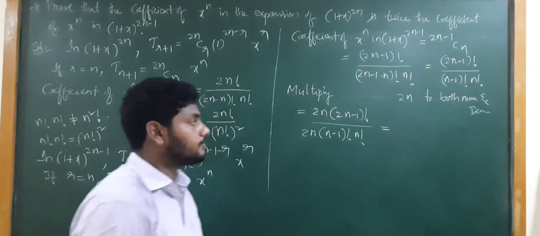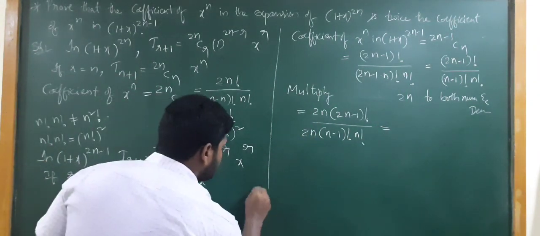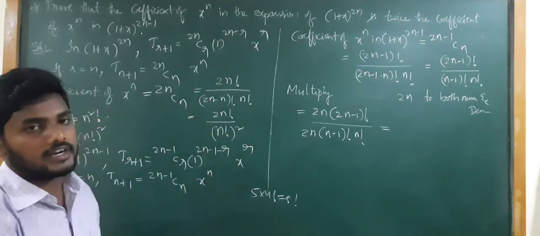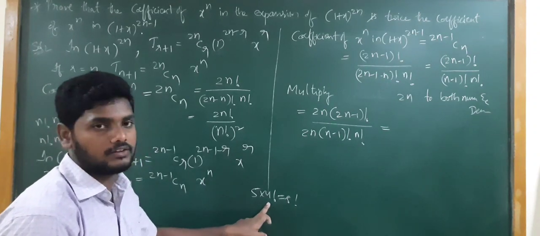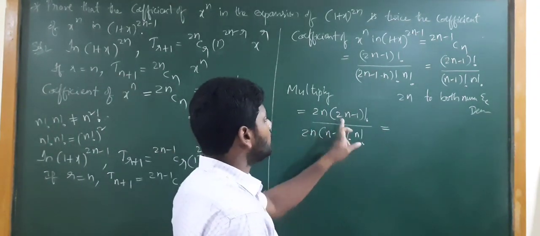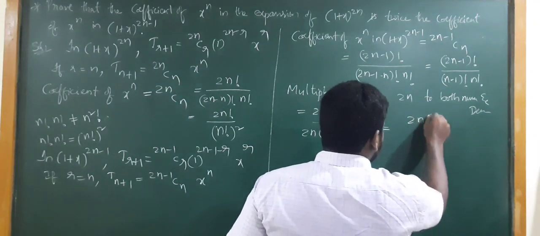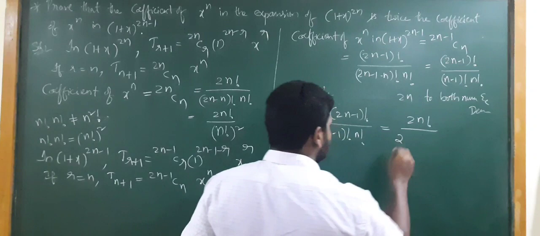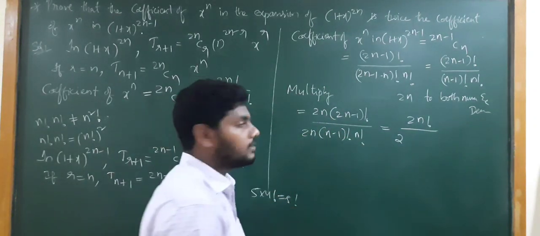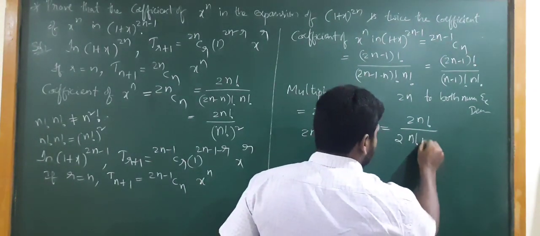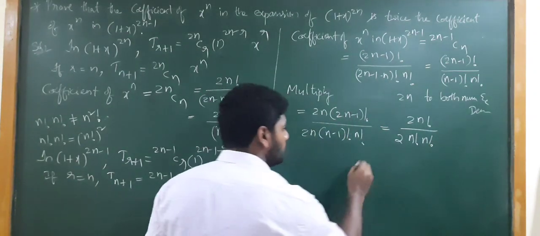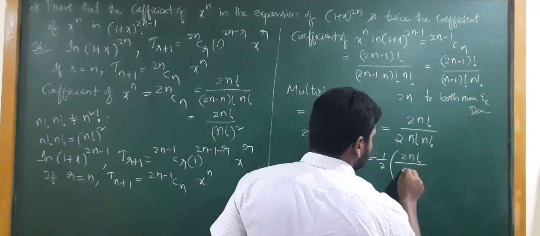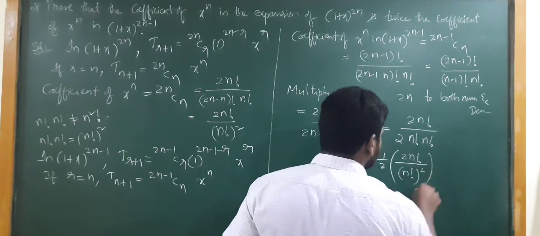Now observe here. We know that 5 into 4 factorial we can write as 5 factorial, which is nothing but 5 into (5 minus 1) factorial. So here also 2n into (2n minus 1) factorial we can write as 2n factorial, divided by 2 into n into (n minus 1) factorial, which we can write as n factorial into n factorial. Here what we got is 1 by 2 into 2n factorial by n factorial whole square.